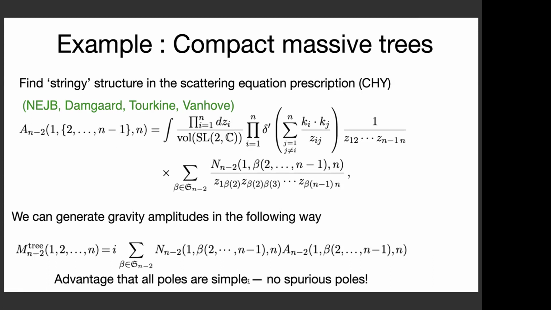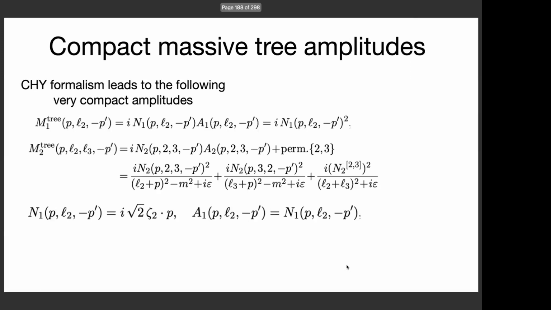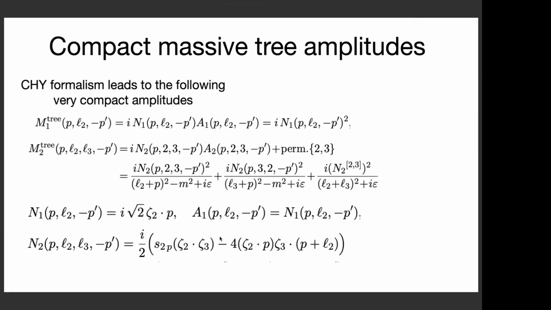And all poles in this are simple because the gravity poles we have in the tree on the gravity side are linked exactly to the Yang-Mills side, meaning every pole we have is physical and there are no spurious poles. And then we can work out, order by order, numerator expressions for the various pieces. At 3-point order, Yang-Mills squared is basically gravity.